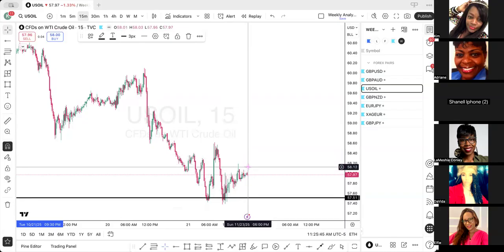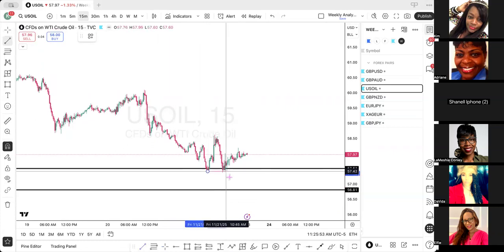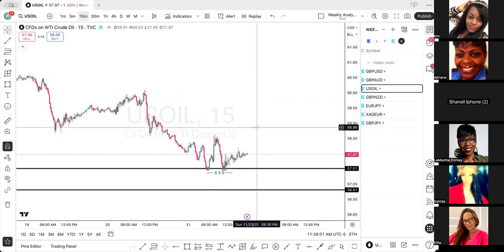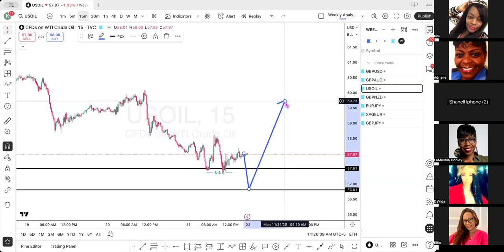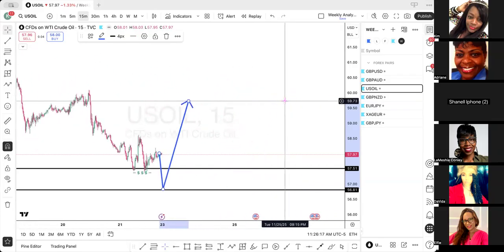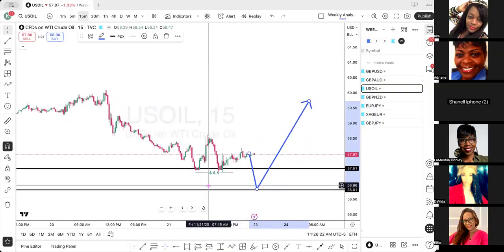So I'm thinking this is going to sell some more. I'm thinking this is just liquidity right here or right here. I'm thinking this is just liquidity to sell back down to here and then possibly start buying. So for oil, I think on my other chart, I have this alert set right here.